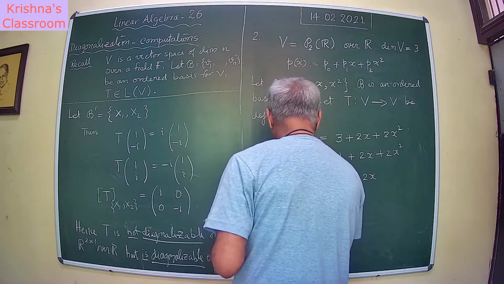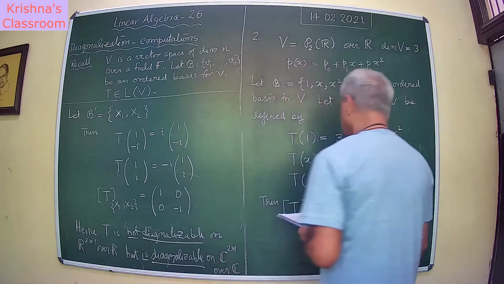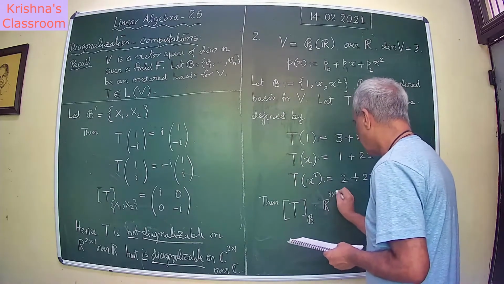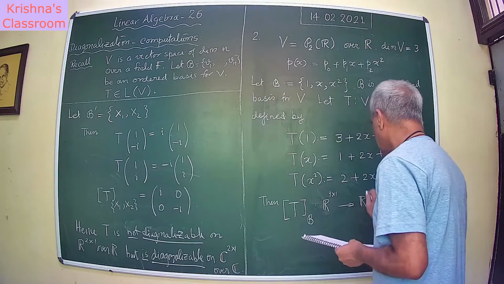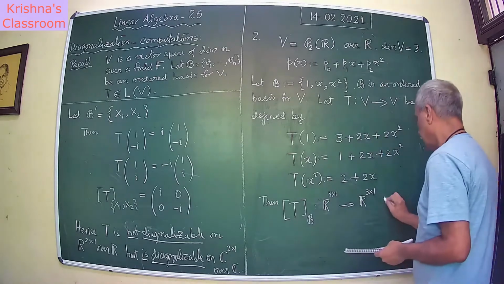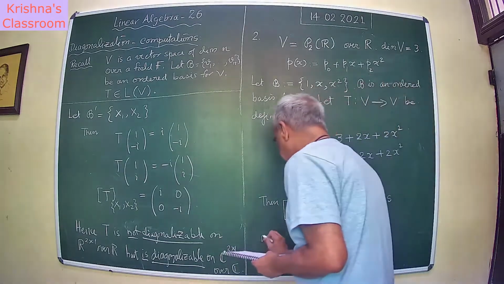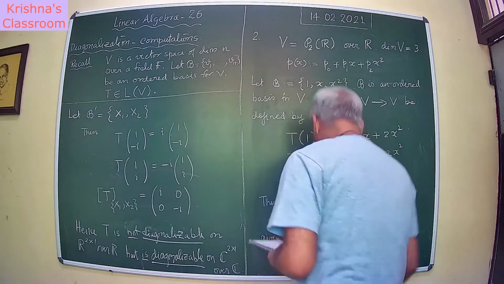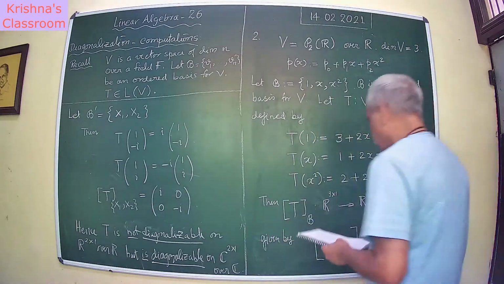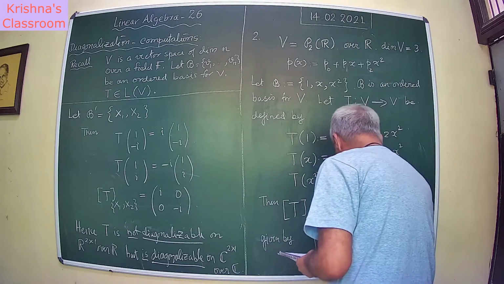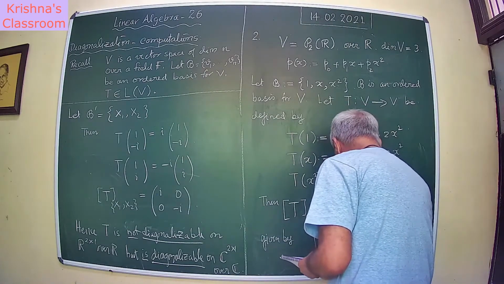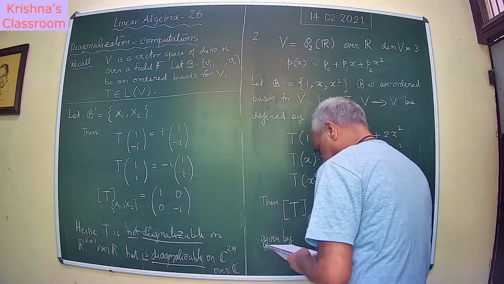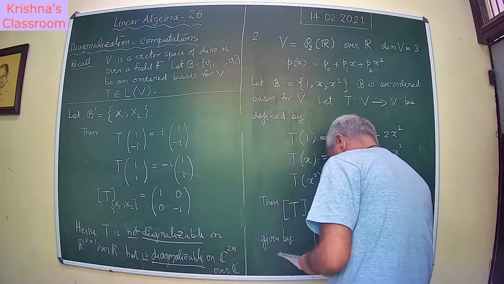Then you know that the matrix of T is given by the 3 by 3 matrix 3 minus 1, 3, 1 minus 1, 2, 2 minus 1 and 0.